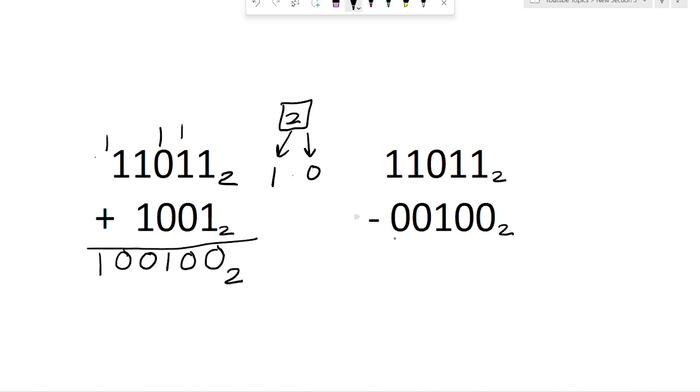Alright, let's do our subtraction question. Alright, so we have 1 minus 0, still going to be 1. 1 minus 0, that's going to be 1. Remember we said earlier that 1 from 0, of course I can't. Since I can't, I'm going to go ahead and borrow from my neighbor here to the left. So I'm going to borrow a set of 2.